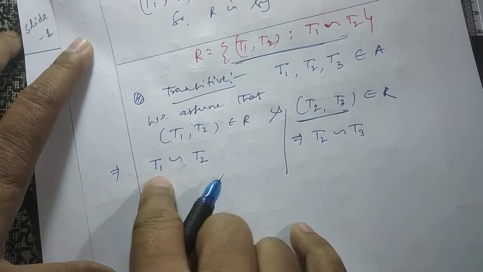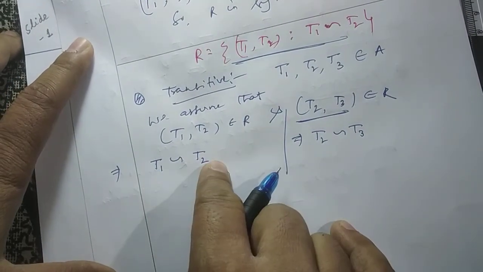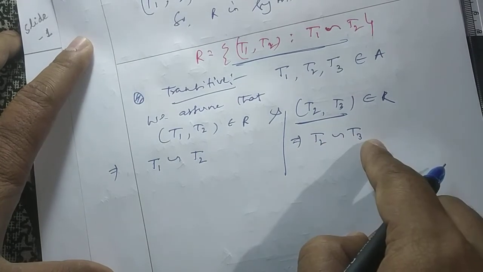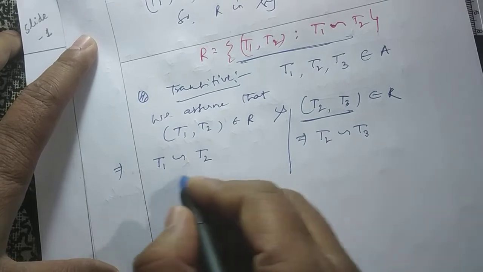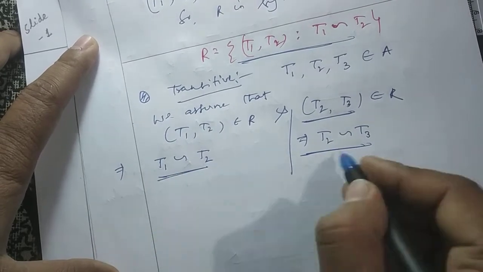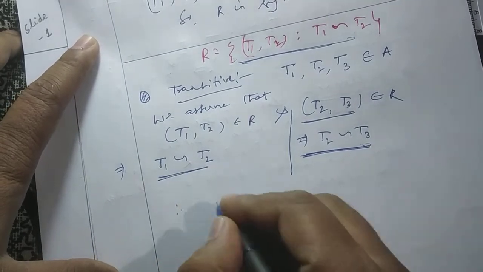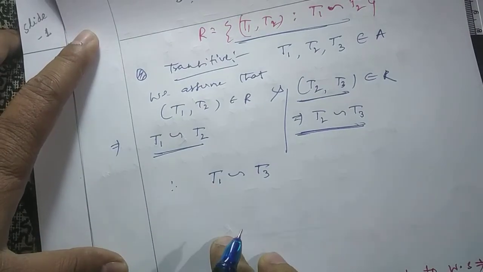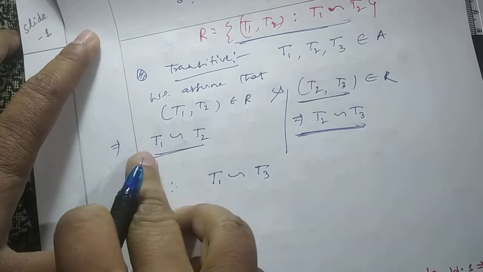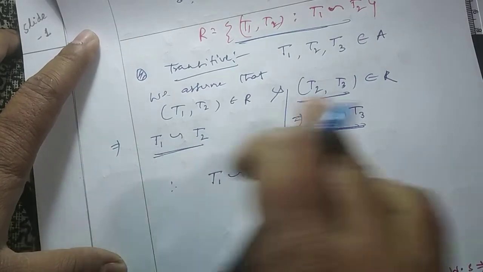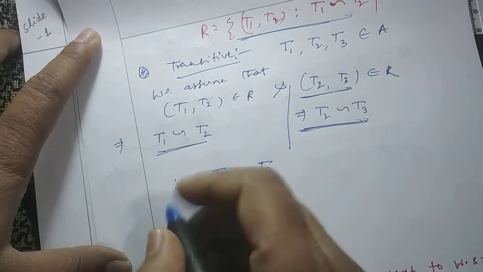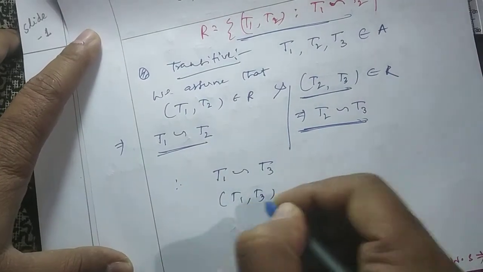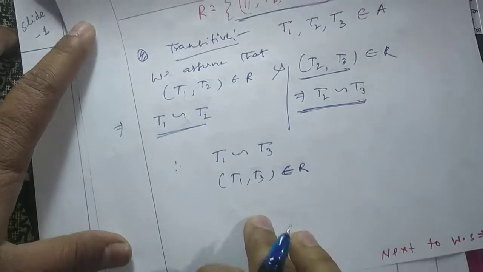Combining these two cases, we can say directly the triangle T1 is similar to triangle T3. So we can say (T1, T3) also satisfies the given relation R.